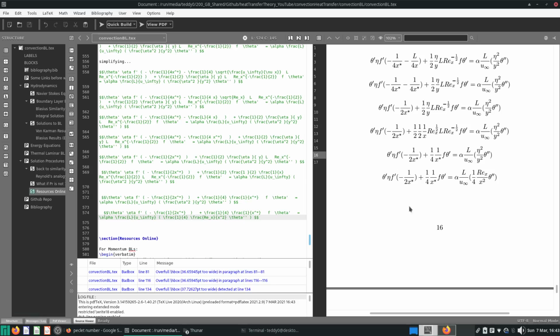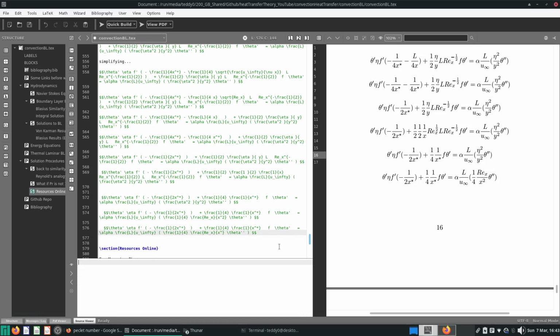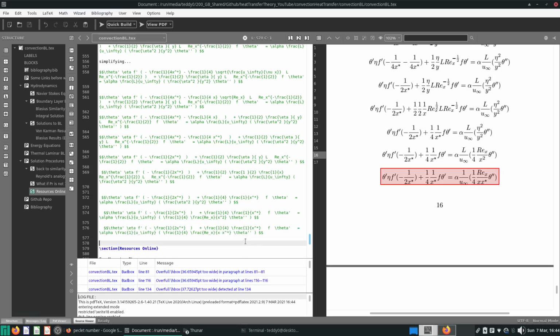That's one. So I can start cancelling out some things. I have x into x star because I'm going to combine with this L over here. Then I'm going to multiply throughout by x star.